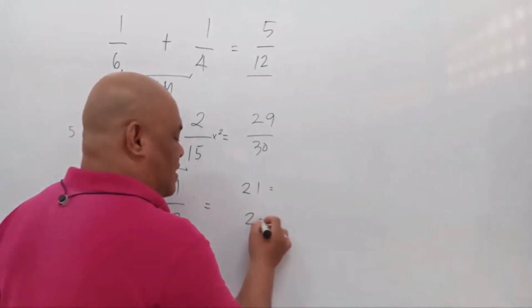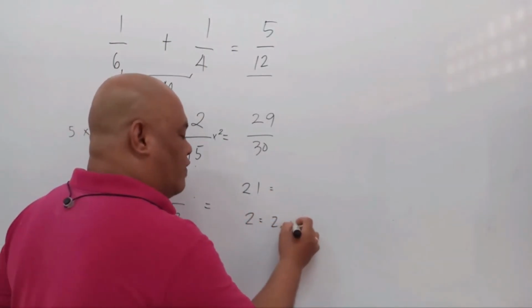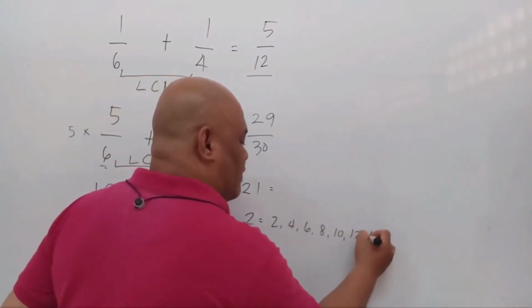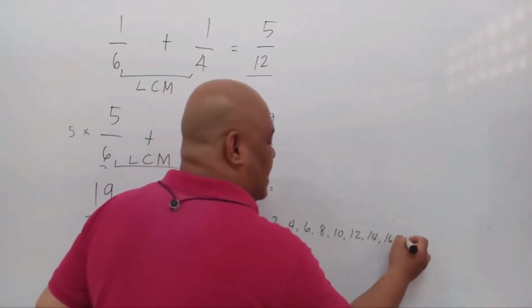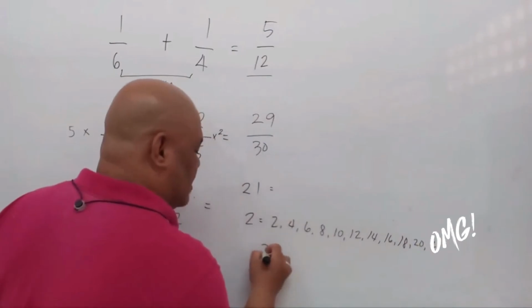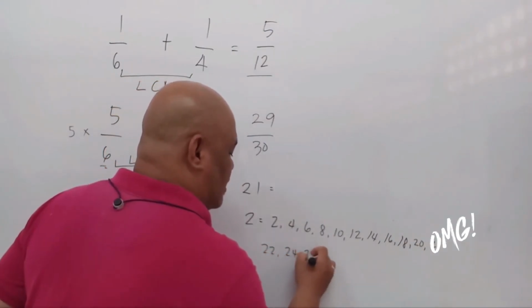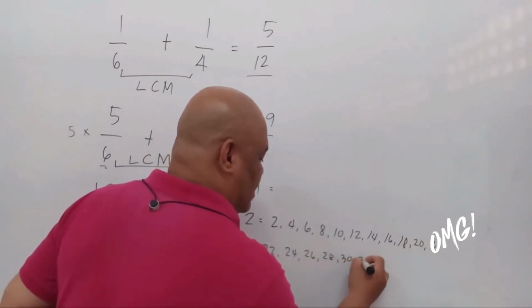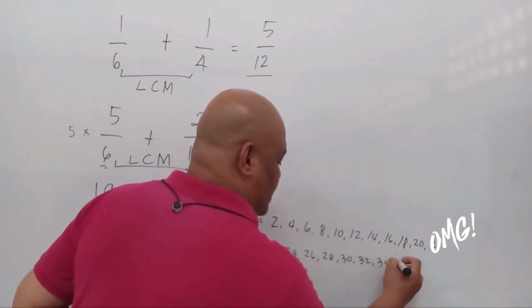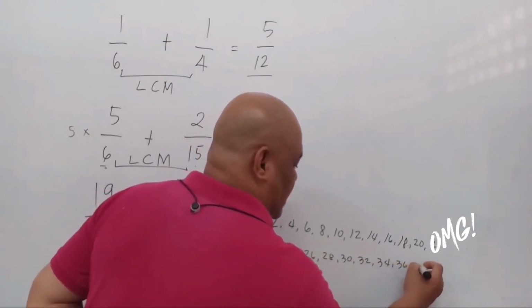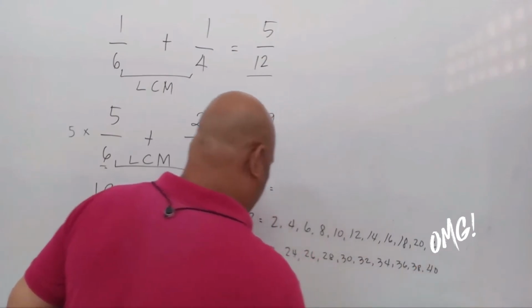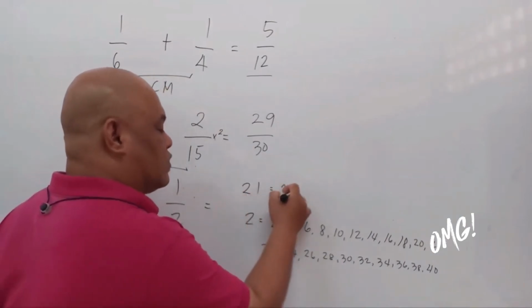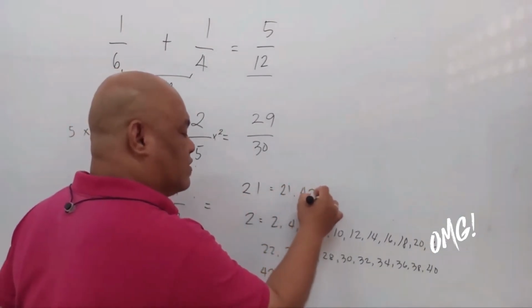So let's start with 2. 2, 4, 6, 8, 10, 12, 14, 16, 18, 20, 22, 24, 26, 28, 30, 32, 34, 36, 38, 40, 42. 21, 21 times 2 is 42.